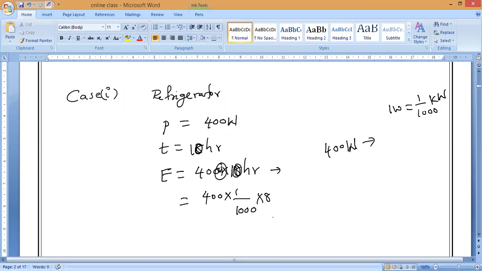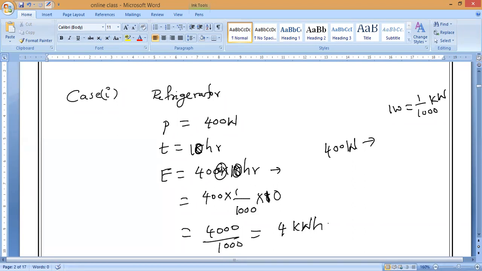Okay, 10 hours they have been given, so we can take 10. So how much will it come, guys? 4000 divided by 1000, which is equal to 4 kilowatt hours. Is it yes or no? 4 kilowatt hours. Any doubt?